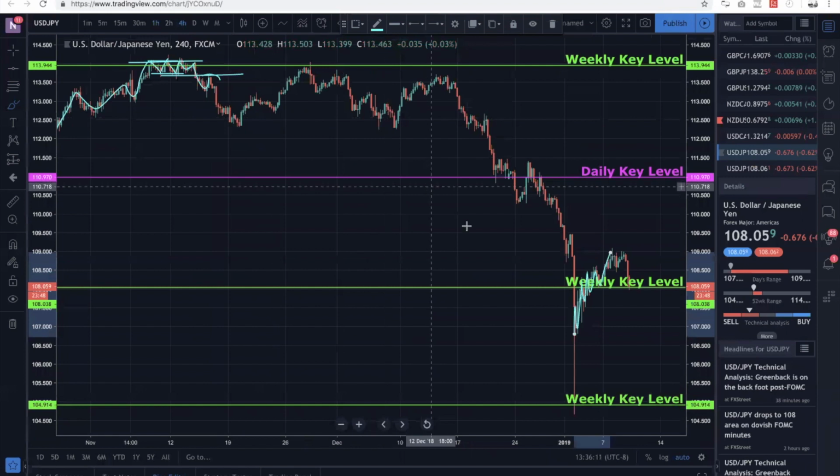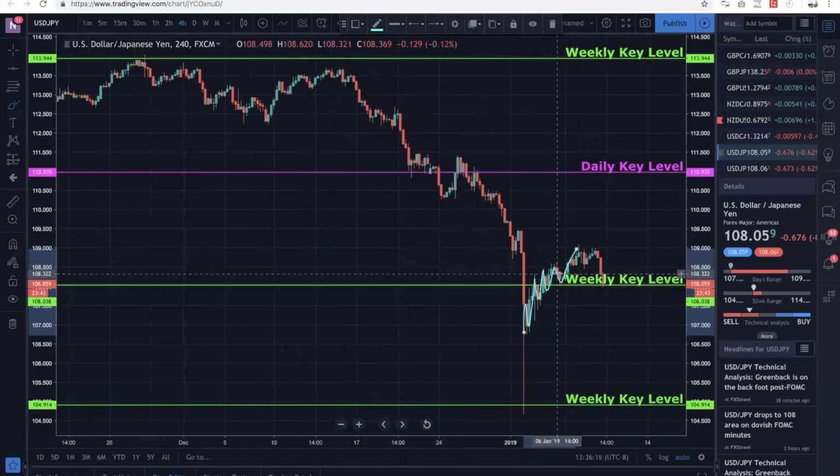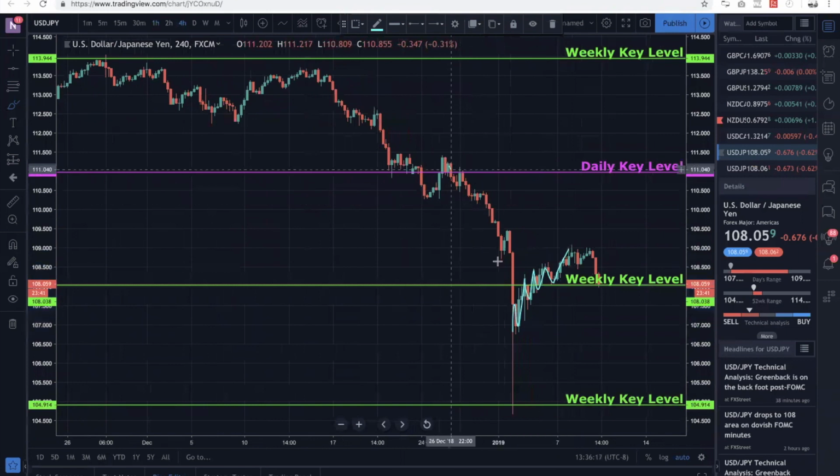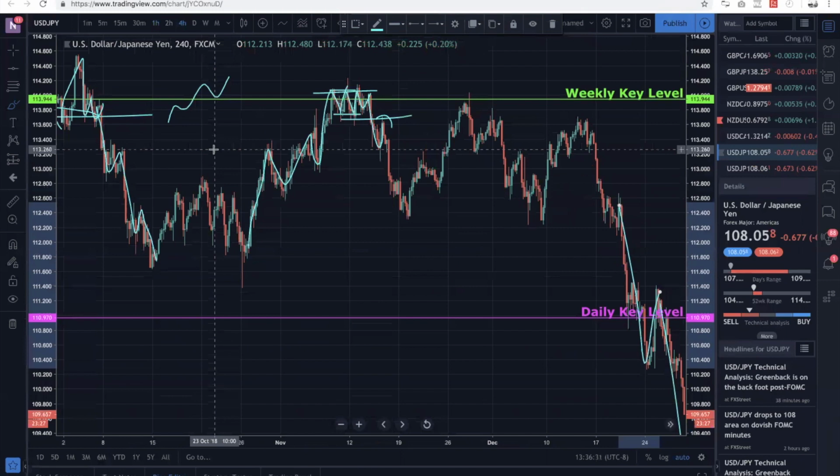Even though that was at that key level right there, and it did start to print higher highs and higher lows on the hour, in the grand scheme, this was still a downtrend market structure in the 4-hour. So you could trade it with that on the hour, but also keep in consideration the 4-hour time frame, okay? So these are a couple of different examples that played out at these key levels.